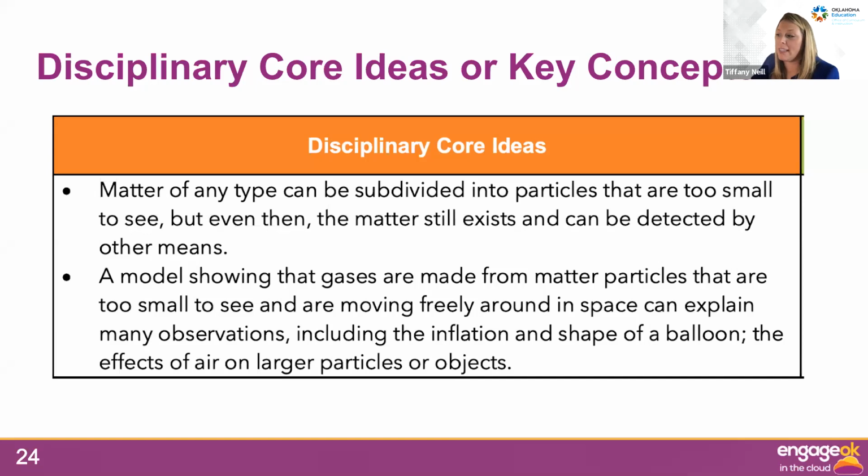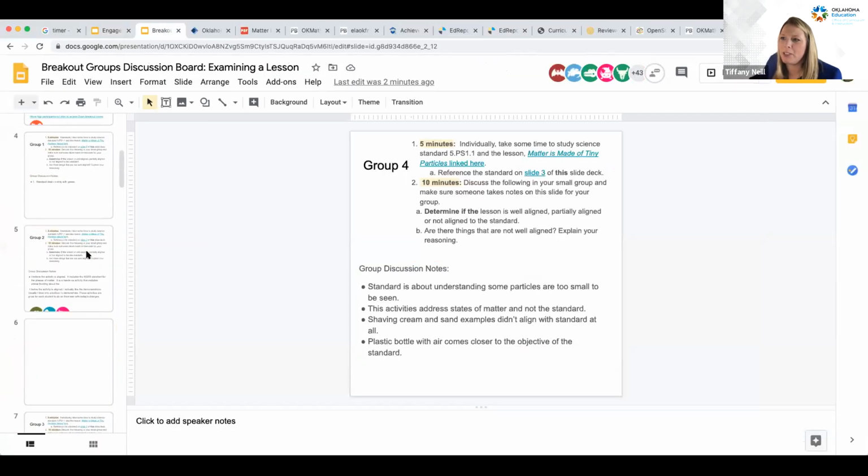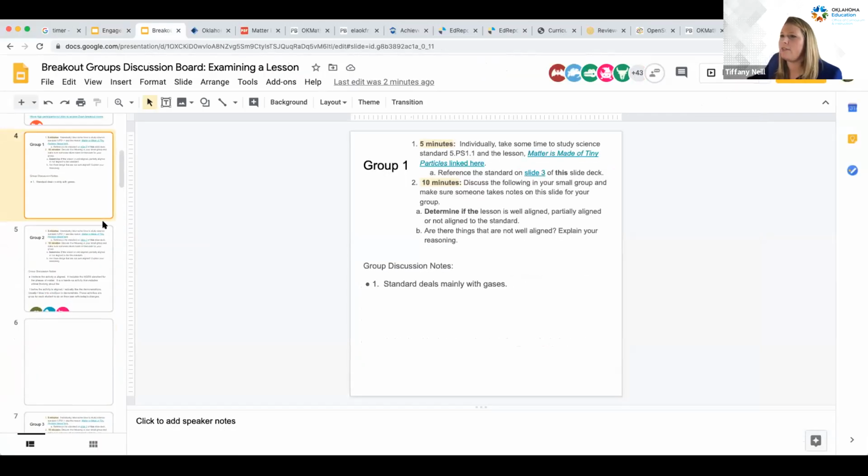A model showing that gases are made from matter particles that are too small to see and are moving freely around in space can explain many observations, including the inflation and shape of a balloon, the effects of air on larger particles or objects. So in our breakout groups, I'm just going to share a few of the responses from groups here.